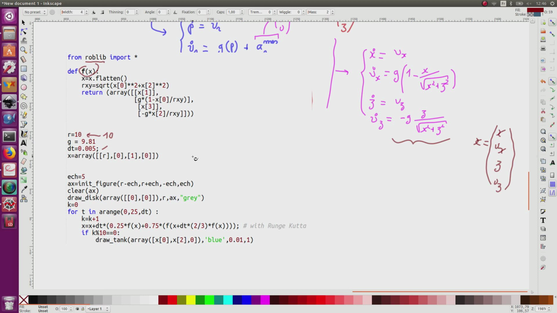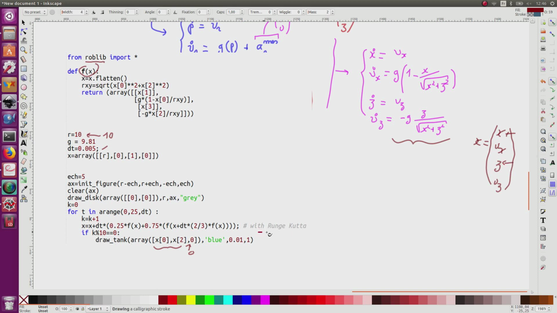Now we perform a loop, and every 10 steps we draw a small robot with an angle corresponding to 0, but with a position corresponding to x and z.